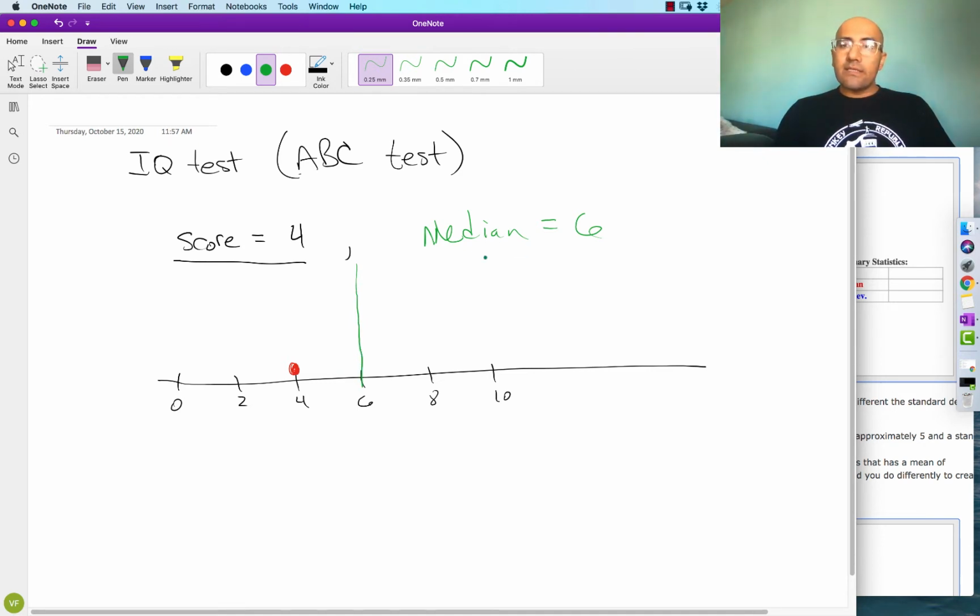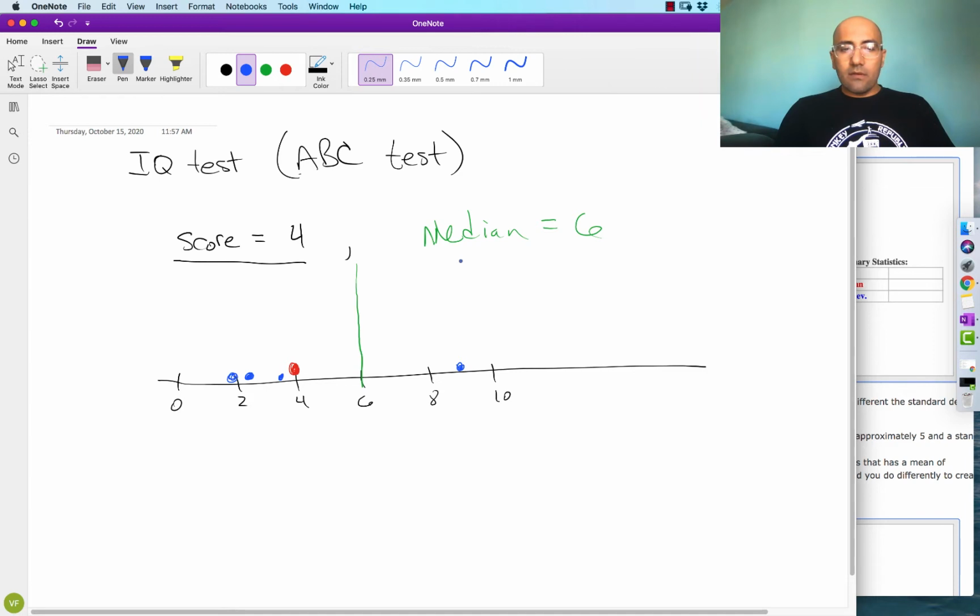Remember, the median is calculated by taking all the scores of everyone else who took this IQ test along with me, and we ordered them from the smallest score to the largest score. Maybe somebody else scored a 2, and let's say decimals are allowed, somebody scored a 2.1 and somebody scored a 3.7, and maybe some really smart people scored a 9. Here are all the scores.